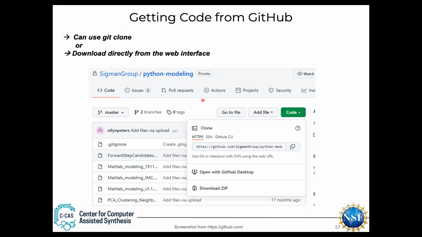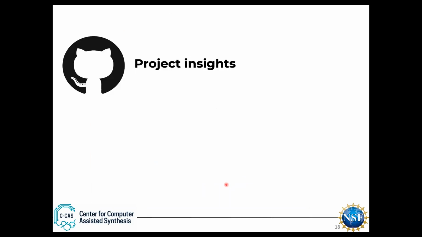So you go to the repository, and you hit this drop down menu, and you can hit download zip here. And this will download directly to whatever is your designated downloads folder. And then you can unzip and move it to your desired location. So that's pretty easy to get code off of GitHub.